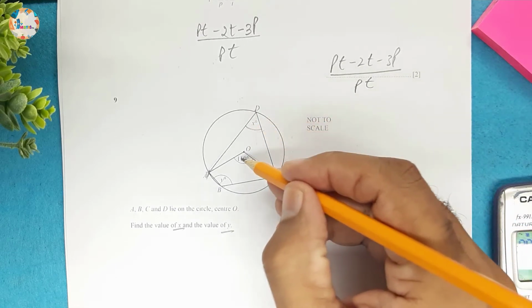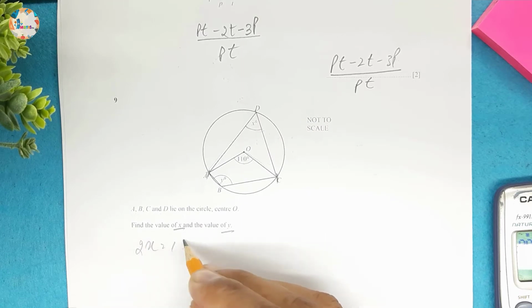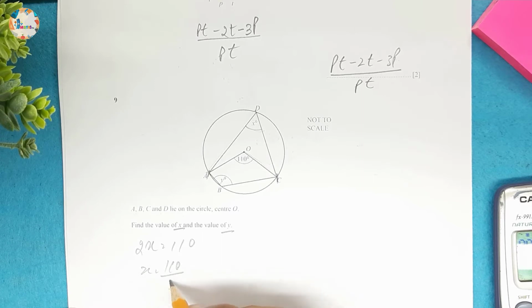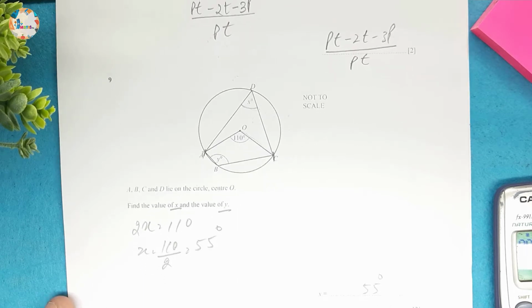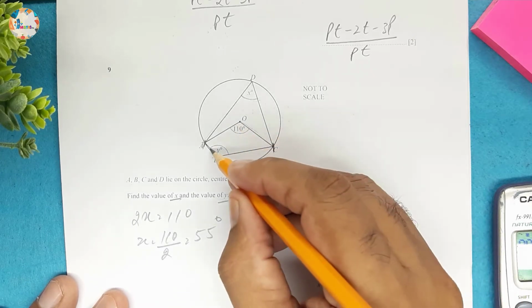So this angle will be half of this, so we can write 2x is equal to 110, so x is equal to 110 divided by 2, which is equal to 55 degrees. So x value will be 55 degrees, which we can see here, and y value will be this one.